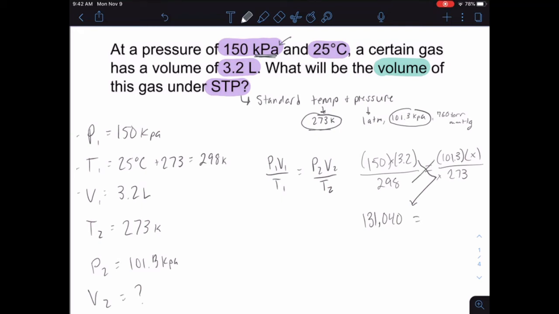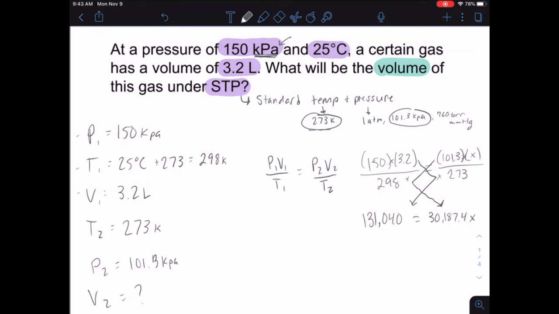So we have 101.3 times x times 298. So I'm going to multiply the two numbers. So 101.3 times 298, that gives me 30,187.4. And I can't do anything with that x yet, so that just stays x.